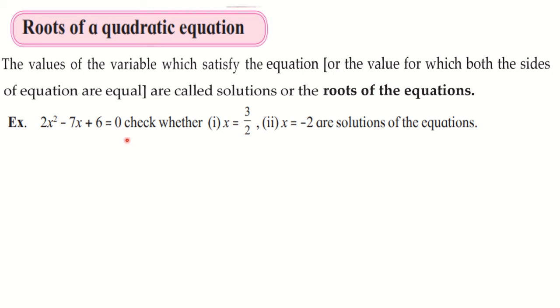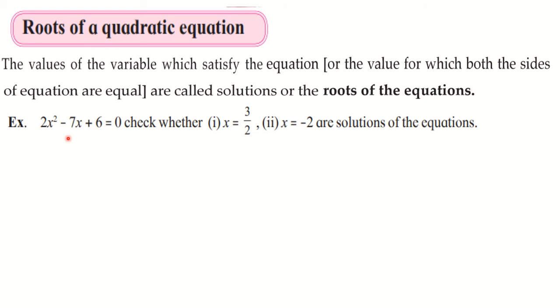I told you while teaching the chapter that whenever the words check whether or determine whether come, you have to only solve LHS. Always keep this in mind. You will solve LHS and compare it with RHS, because what is told to us is that the value for which both sides of the equation are equal.